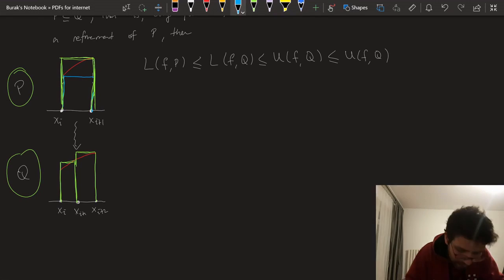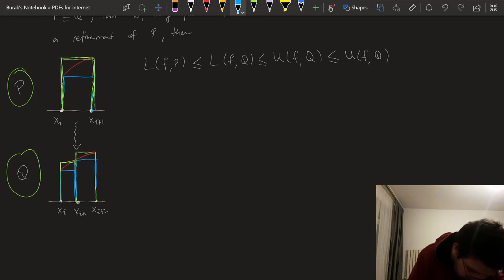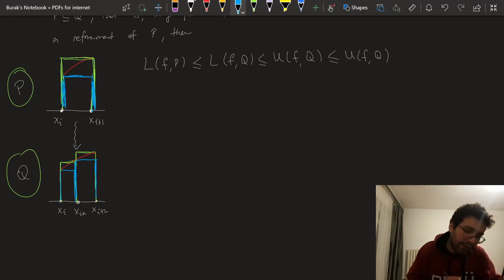And similarly, if you compute the lower Riemann sums, you are going to get a sum of the areas of these blue rectangles. And the sum of the areas of these blue rectangles is greater than the area of this blue rectangle.